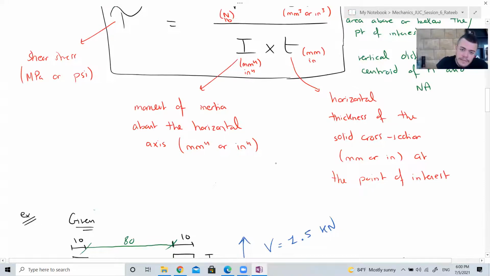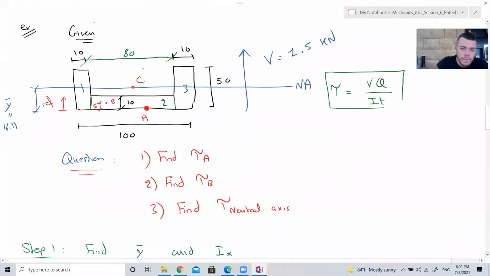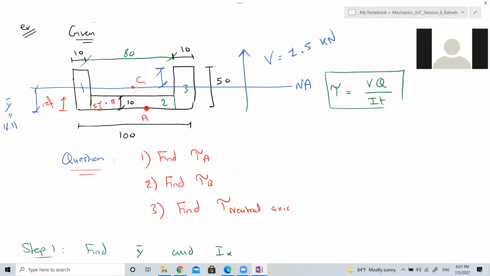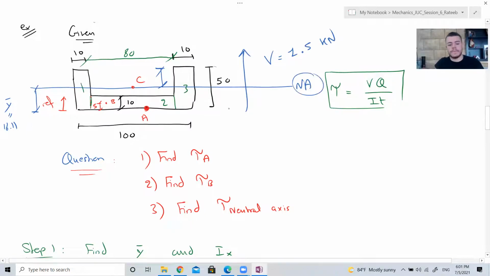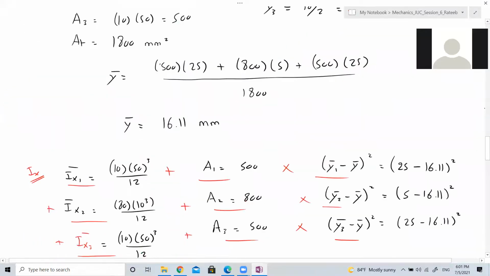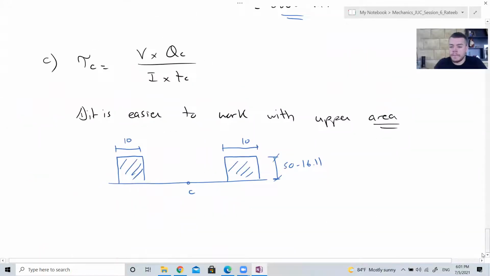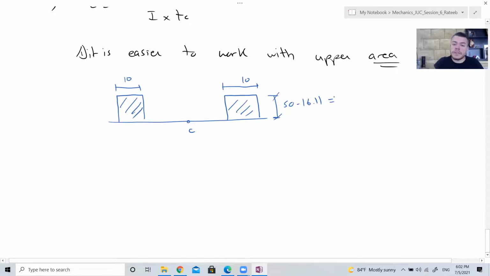And who can tell me what this distance is, from here to here? 25? Wrong. We are looking at the neutral axis, guys. This is the y prime. What is this distance? Subtract the y prime from the 50. So 50 minus 16.11, which is 33.89.